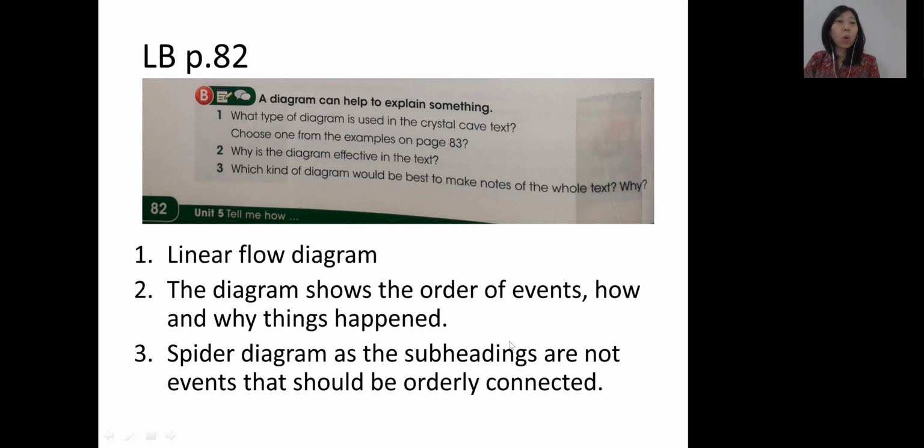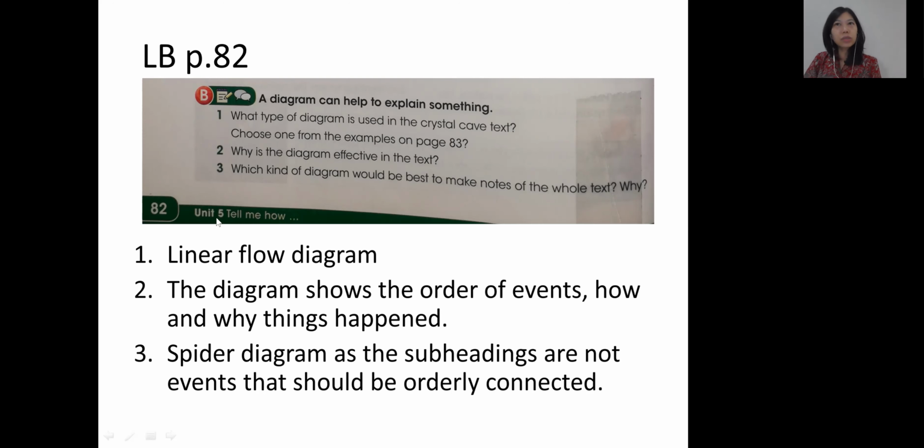Because the subheadings or the headings are not events that should be orderly connected. Remember last time when we talked about those headings, we can actually reorder them. We can put them in different places, and that still makes sense. So because of that, these are not orderly connected. That's why we choose a spider diagram.